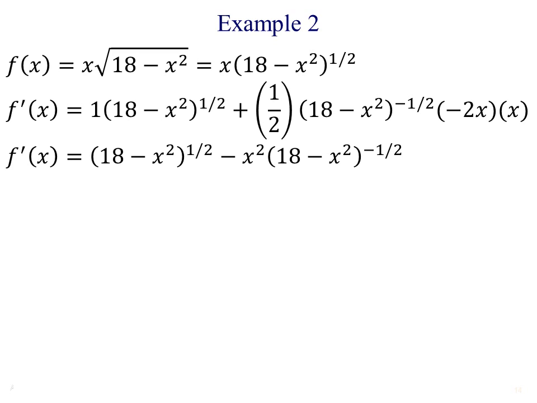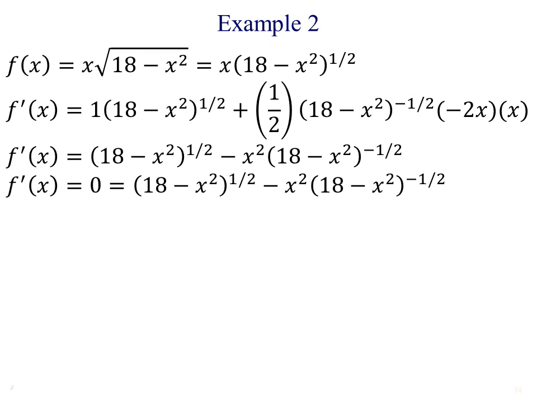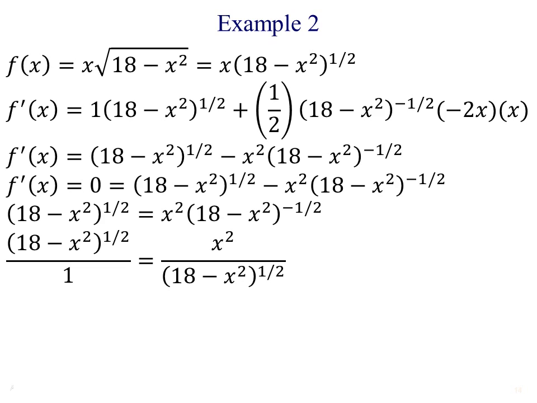To find critical points, we're going to have to set this derivative equal to 0. The way I have chosen to solve this is by adding x squared times 18 minus x squared to the negative 1/2 power to both sides. I set up a proportion with the negative exponent dropping down to the denominator for the piece on the right.